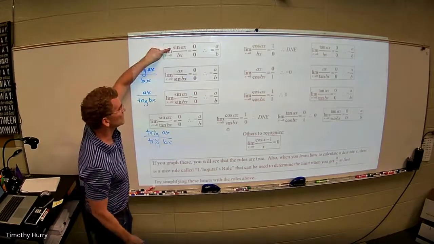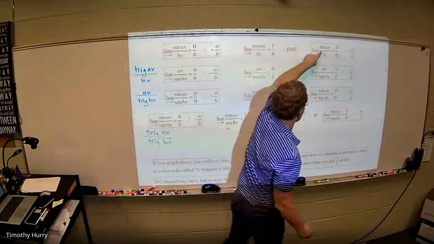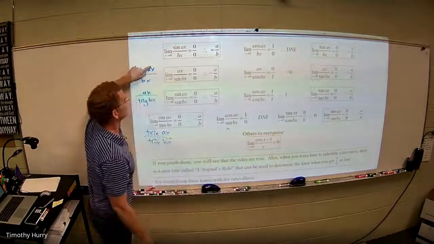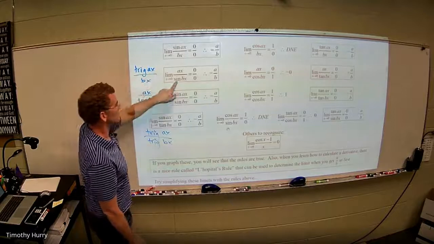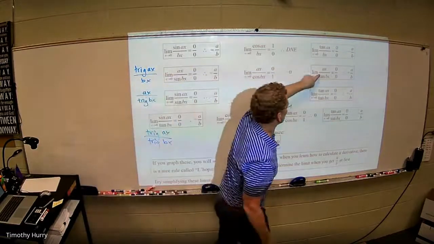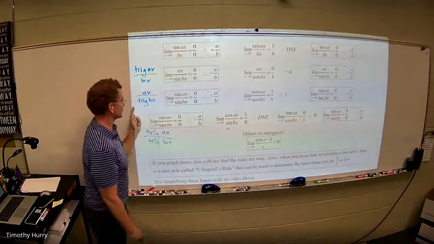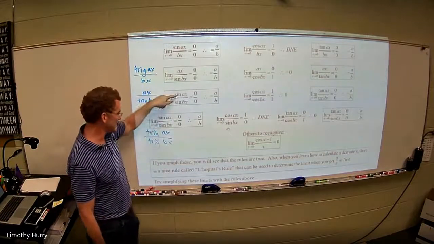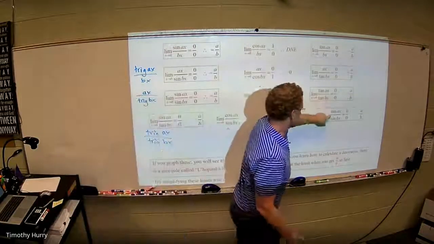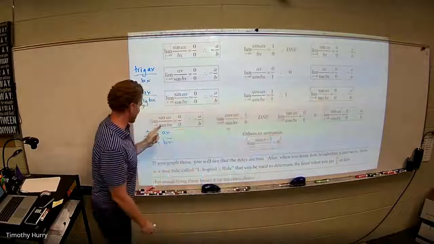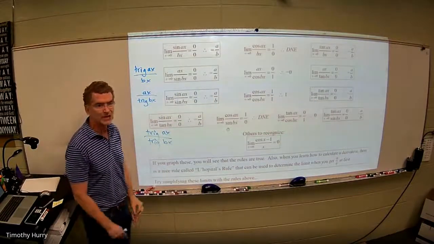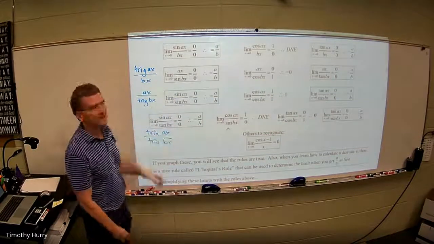Look, this one and this one are trig functions of something x over something x. This one and this one are something x over trig function of something x. And then these other four are trig functions of something x over another trig function of something x. They're all equal to a over b.